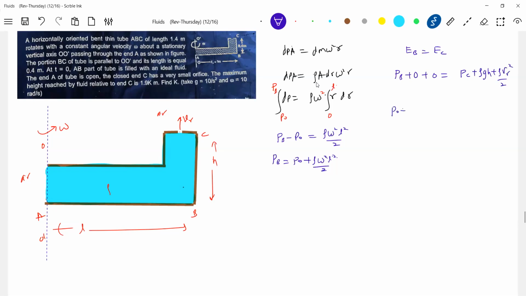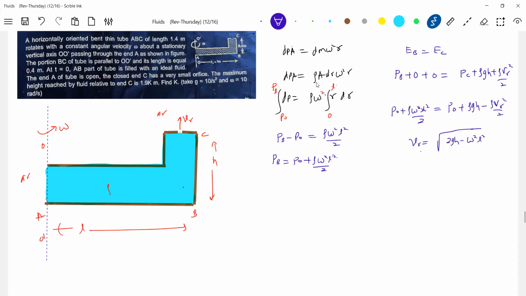Pressure at B is P naught plus rho omega square L square by 2. Pressure at C is P naught, plus rho g H. VR is equal to root of 2gH.